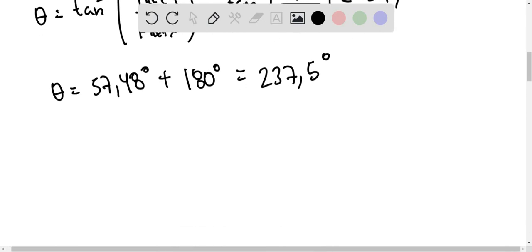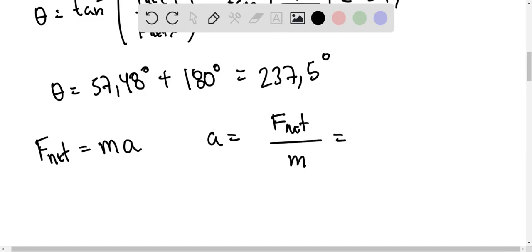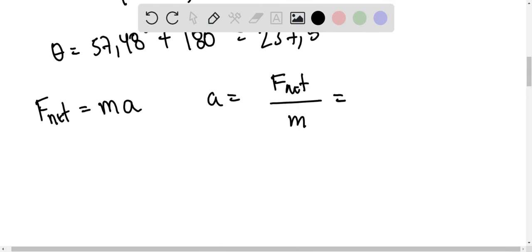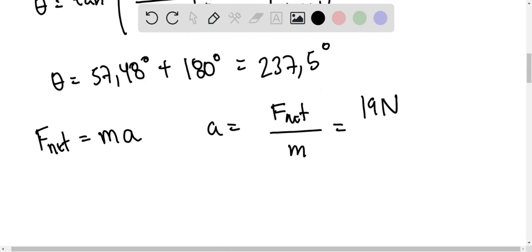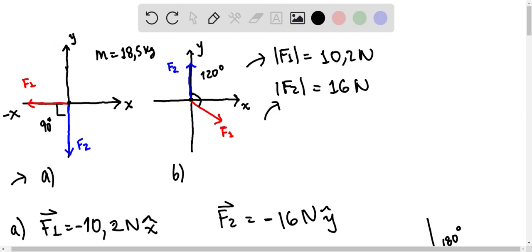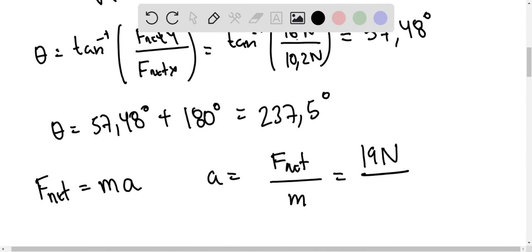Now, we are also asked to find the acceleration. The net force is equal to the mass times the acceleration, so to find the acceleration, we simply divide the net force over the mass. In this case, the net force is 19 newtons, and the mass of the object is given as 18.5 kilograms.